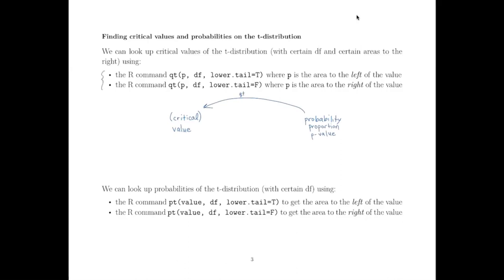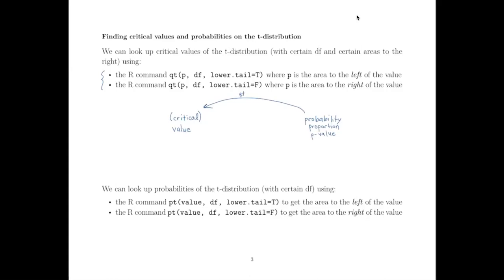If you have the probability in the one tail, and you know how many degrees of freedom there are, you can plug it into this QT formula where P is the area, either to the right or the left. Degrees of freedom has to be given, and then you tell it whether the area is the right or the left by using the argument lower tail is equal to true or false. That allows you to take that probability and work out the critical value.